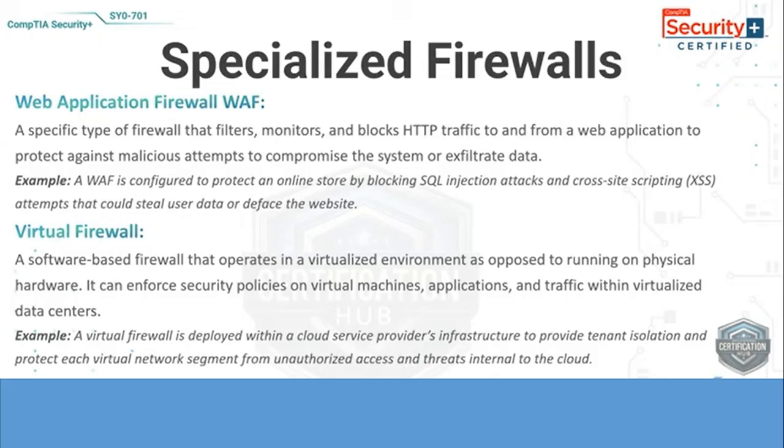For example, a WAF, web application firewall, is configured to protect an online store by blocking SQL injection attacks and cross-site scripting, XSS, attempts that could steal user data or deface the website.